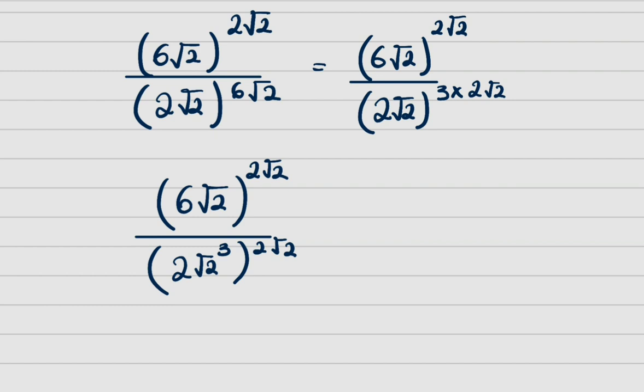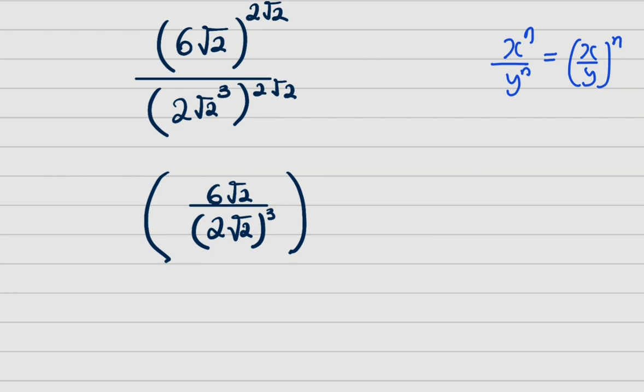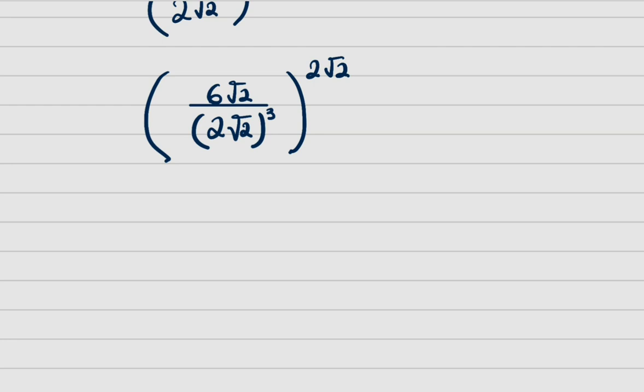And we know that if you have x raised to power n all over y raised to power n, we can have it as x over y all raised to power n from our indices. So we can use the same conclusion to have it this way. We can have 6 root 2 all over 2 root 2 all raised to power 3, then everything raised to power 2 root 2.